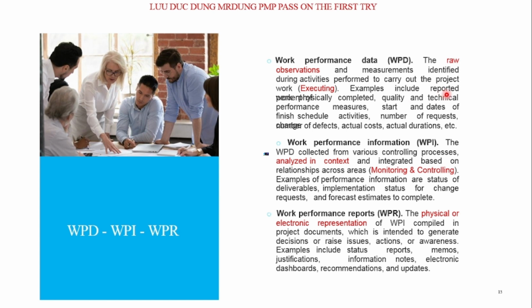Examples include reports, physically complete, quality and technical performance measures, start and finish dates of schedule activities, number of change requests, actual cost, actual duration.